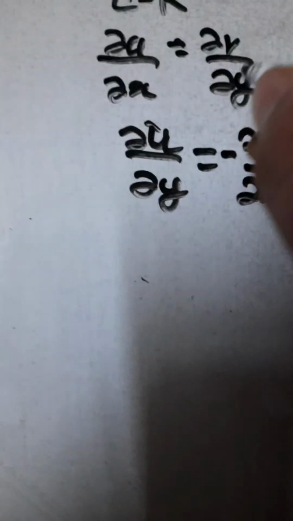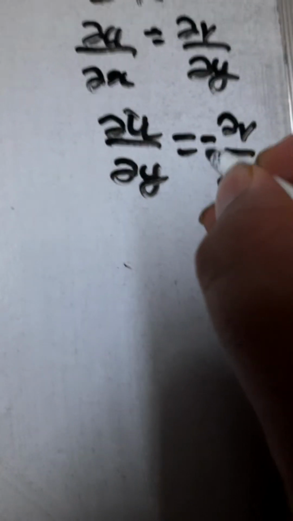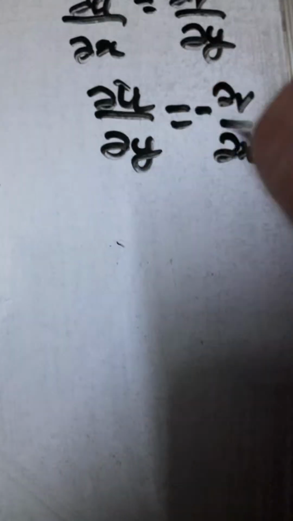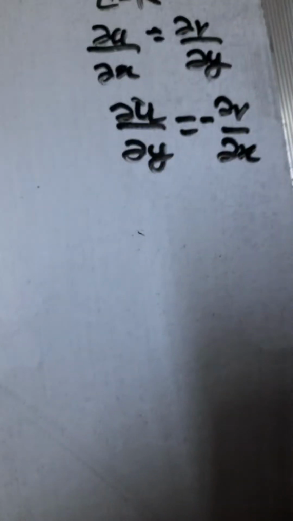Y was the second variable, x was the first; u was the first function, v was the second. We exchanged them, so we did the opposite thing. To balance that, we gave an opposite sign, which is a minus sign. From plus sign we go to minus sign. This was opposite to this, and this was swapped, so the opposites cancel and it is balanced. Okay, this is how you can remember the CR equations.